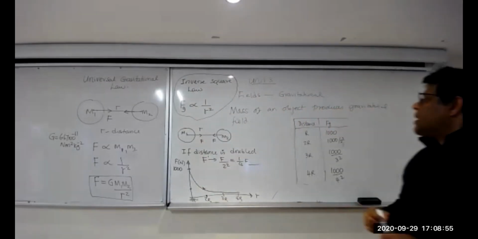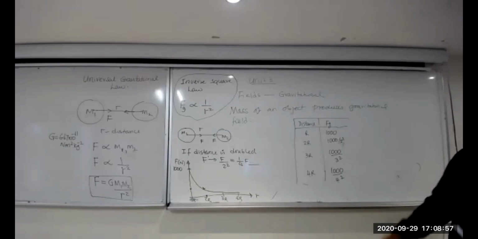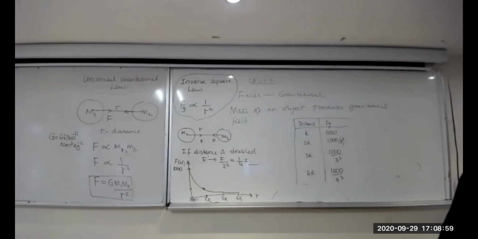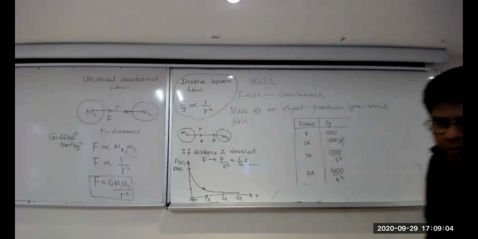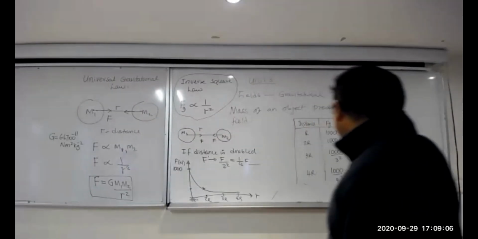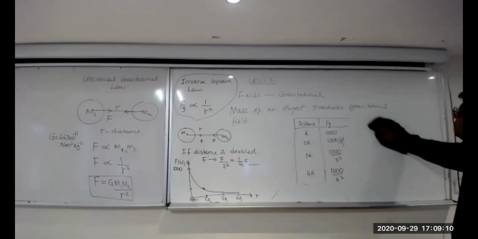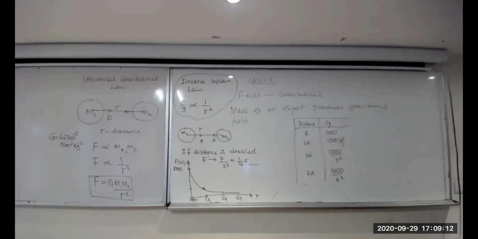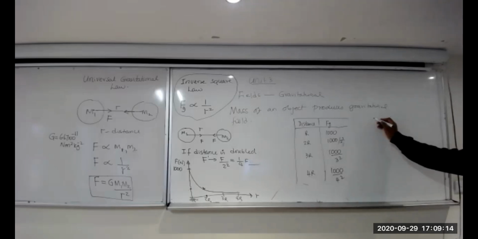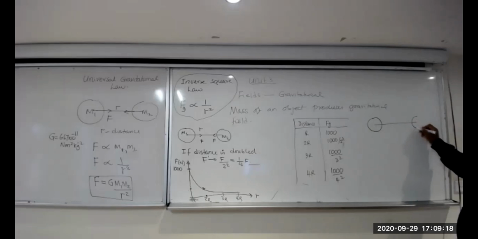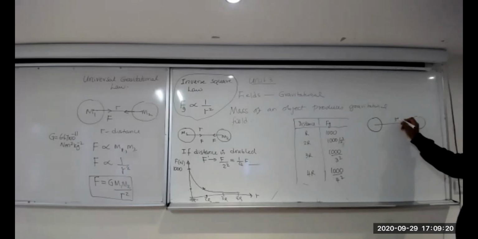Okay. You guys probably remember this question. Maybe I'll just go back to the gravitational field strength as well. So does anyone have any problem calculating the gravitational force if you know the masses of the two and the distance?